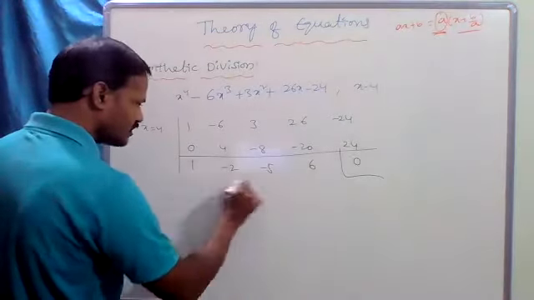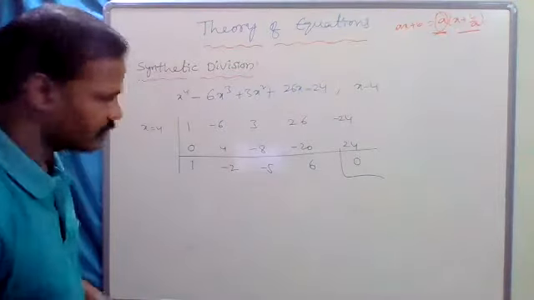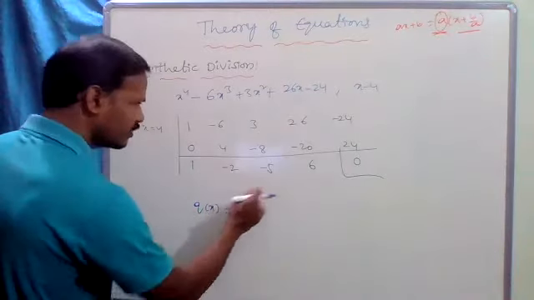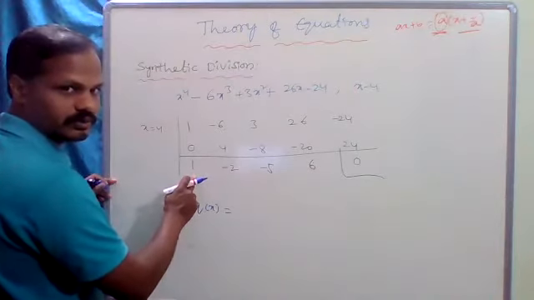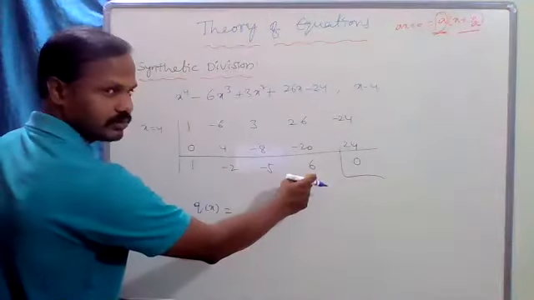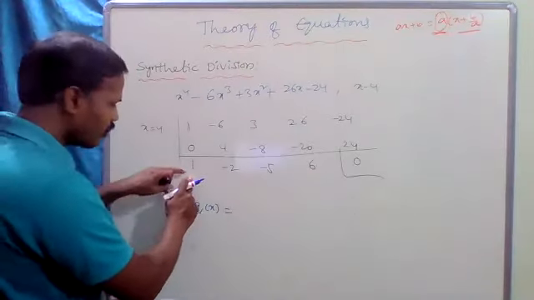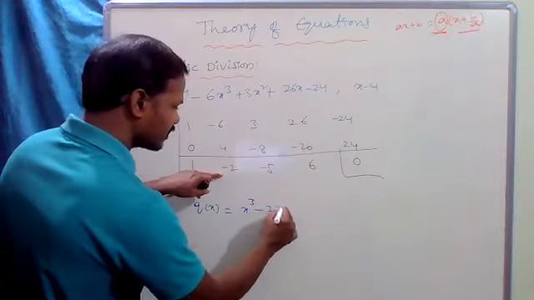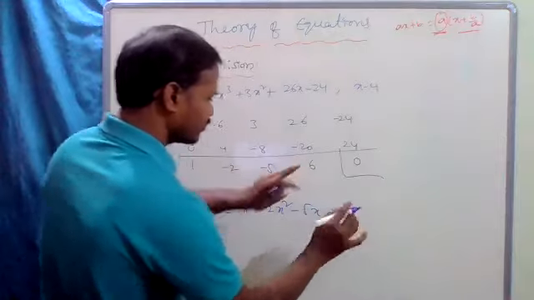Now what is the quotient? The quotient coefficients are 1, minus 2, minus 5, 6, so 1 into x cube, minus 2 into x square, minus 5 into x, plus 6.